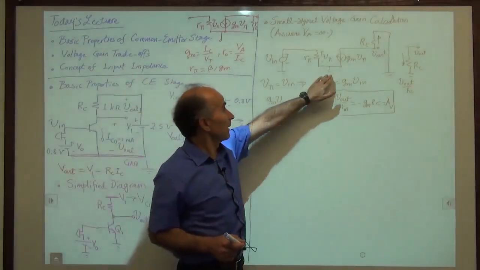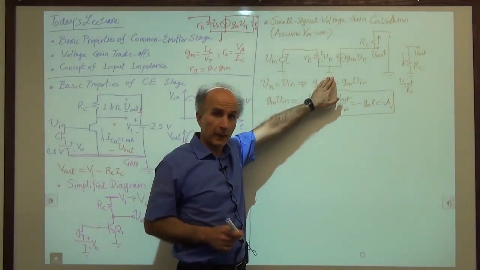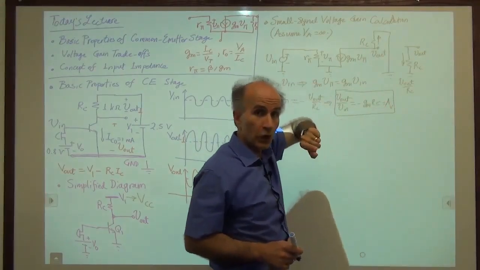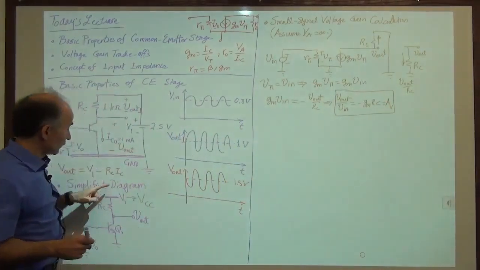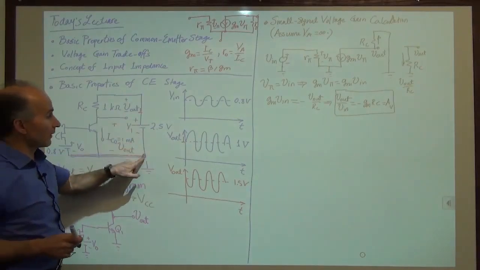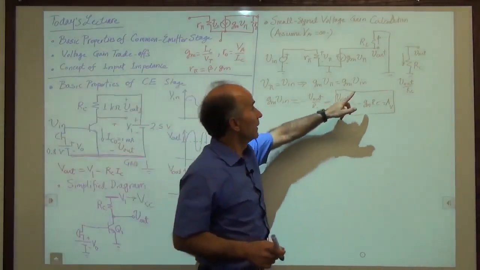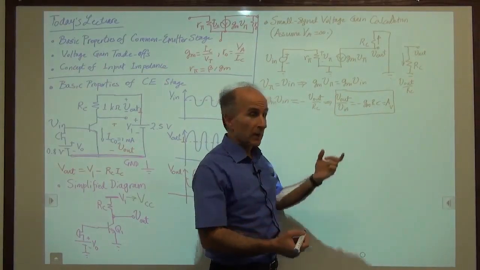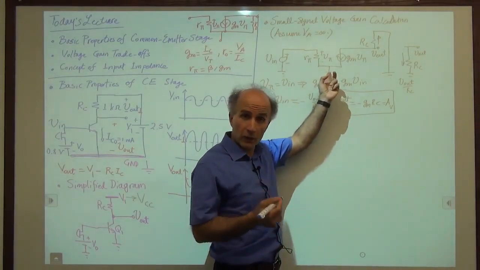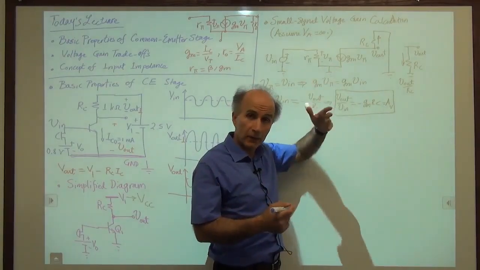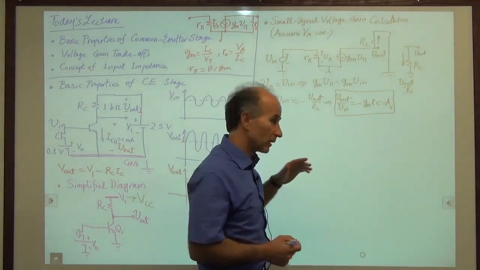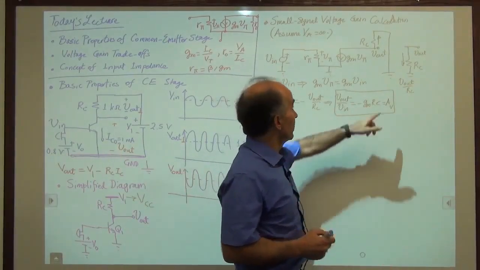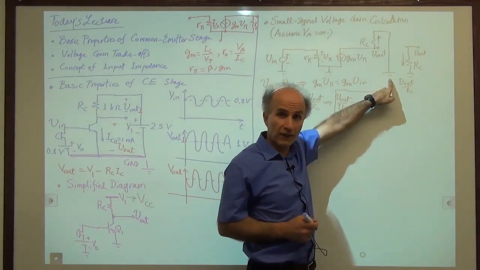The emitter still goes to ground, no problem. But the top terminal of RC, which used to be connected to the battery V1, is now connected to ground. So this ground and this ground have different origins. This ground was hardwired, so to speak, from the beginning. The emitter happened to be connected to the bottom wire, and we call it ground.